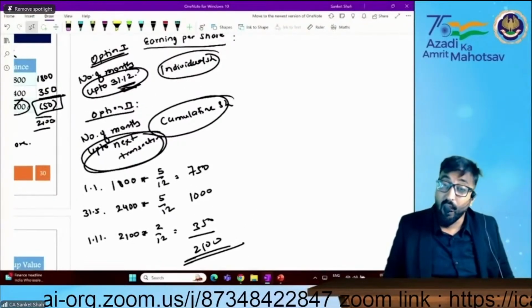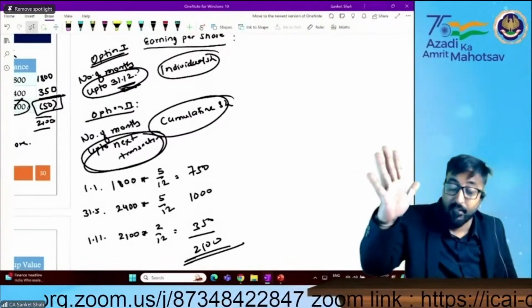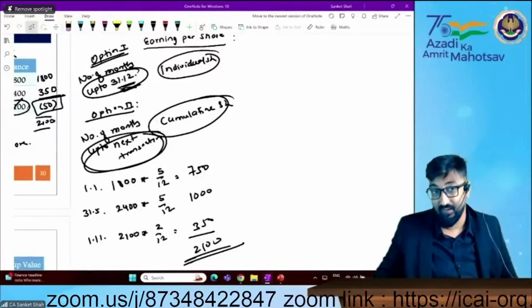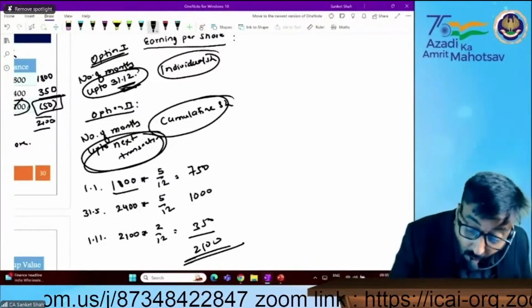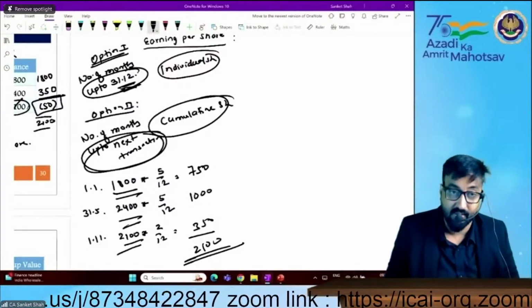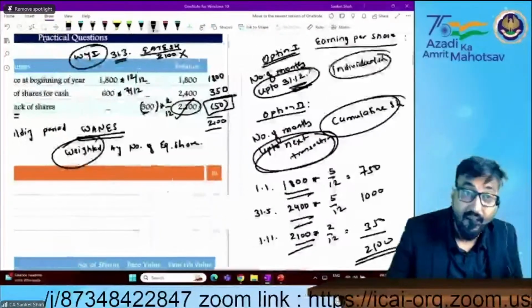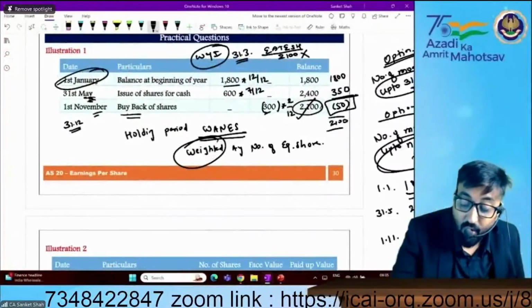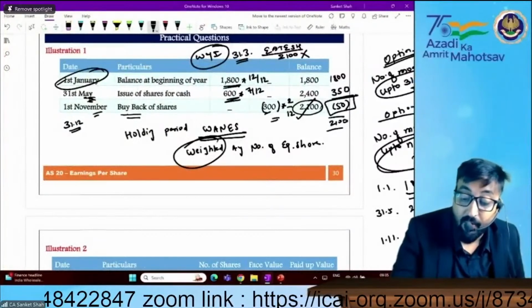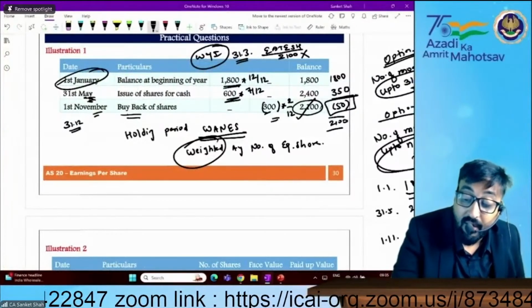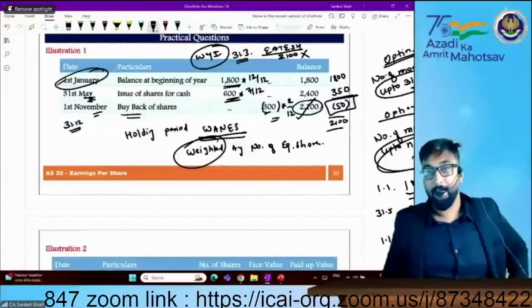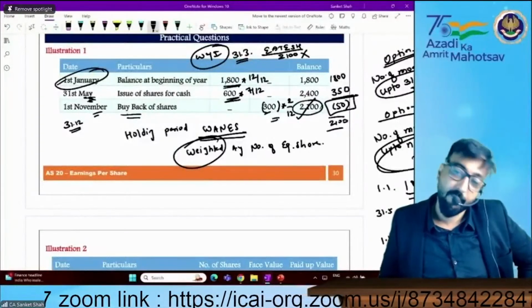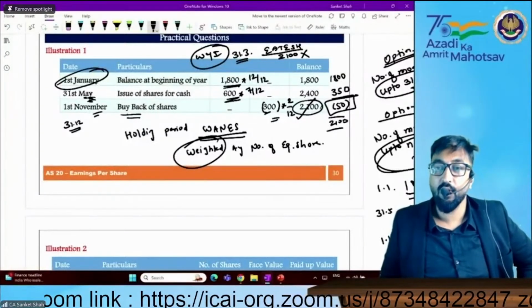In the cumulative approach, you go up to the next transaction, but you take all cumulative shares. And in option 1, you go by the individual approach, where you calculate up to 31st December. Got the difference? Say yes or no.